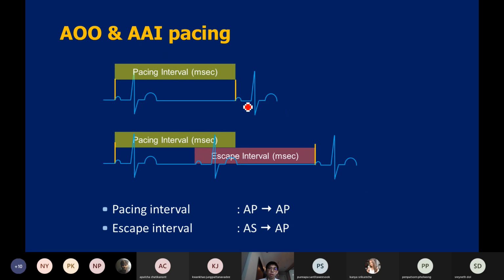Okay, the upper one is the atrial pacing, the AOO and AAI.